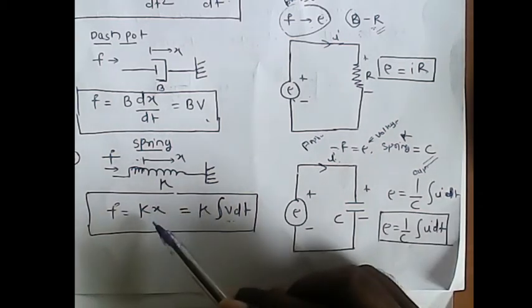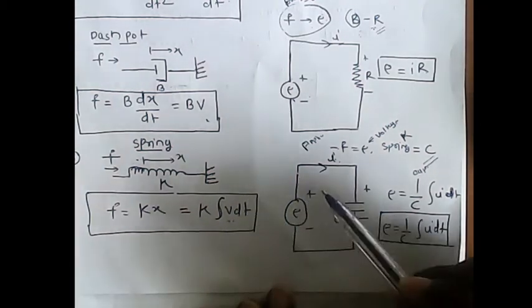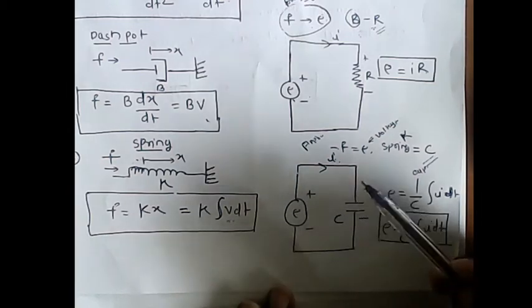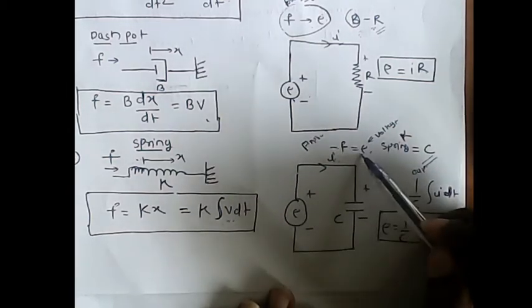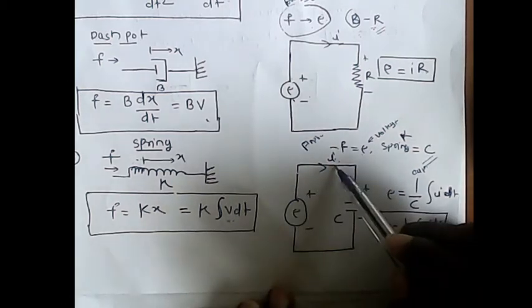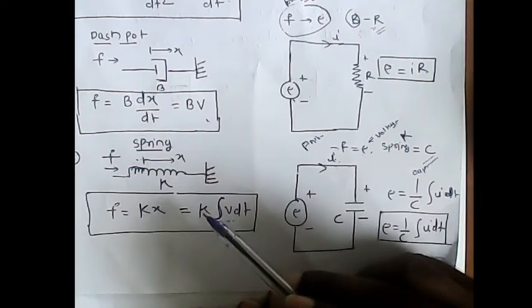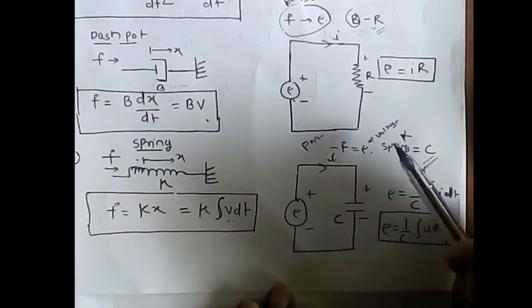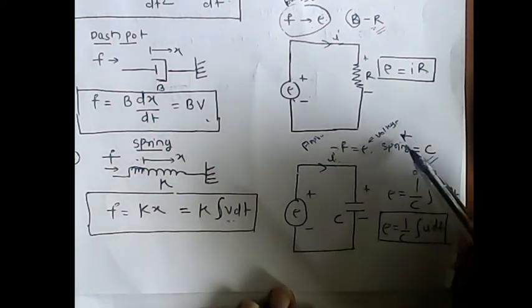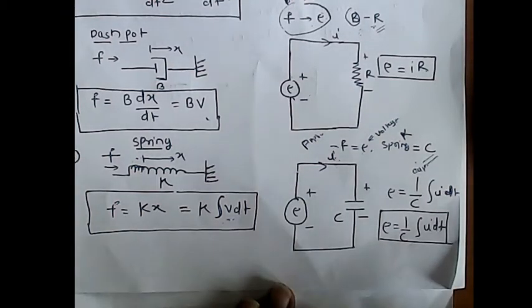When this is converted into an electrical network, force is mapped into voltage, so F equal to E, the displacement is mapped into the current flowing through this conductor, and the spring constant is mapped into the capacitor. So what is the equilibrium equation between input and output?